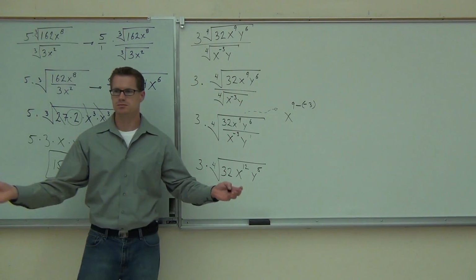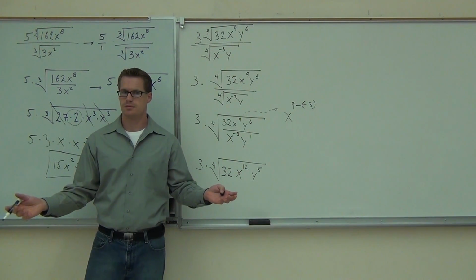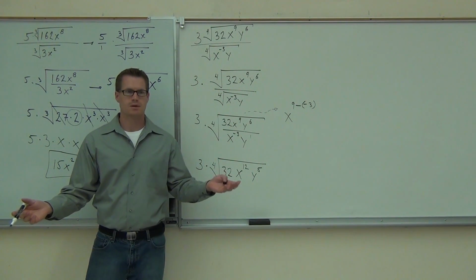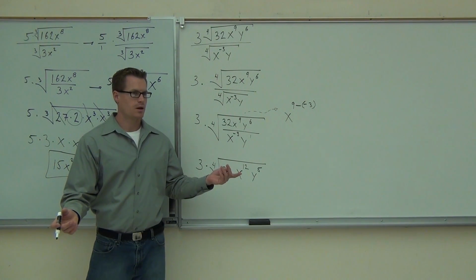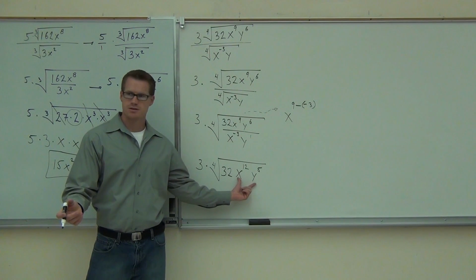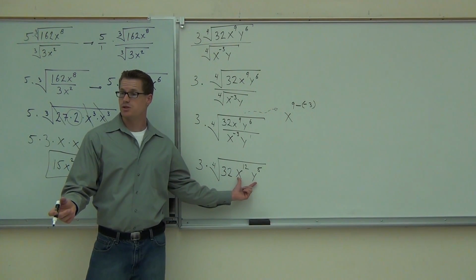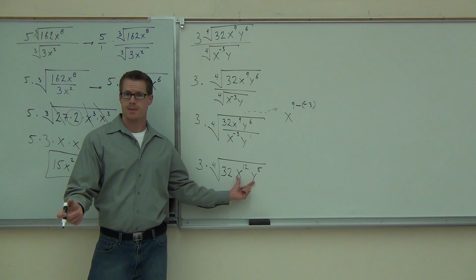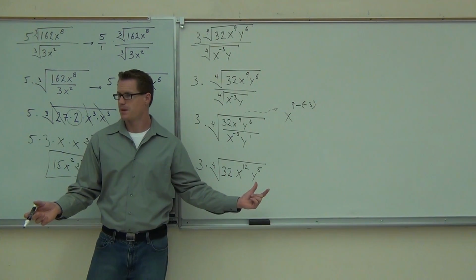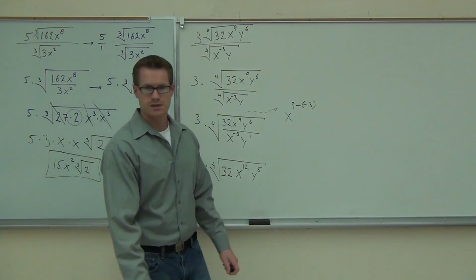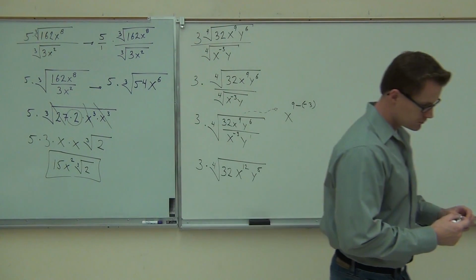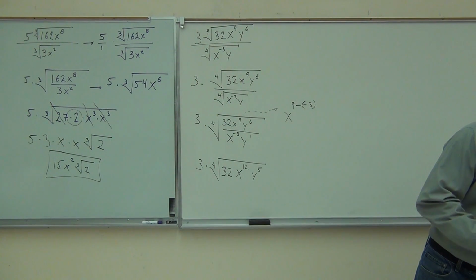Now what do you do? Now you have to break apart the 32 so you can get a 4th root. And can we simplify these? What do you think? Well, you can simplify these. They're greater than 4. So the power is bigger than that root, we can do that. Do it. Go for it. See if you can simplify the rest of the way.